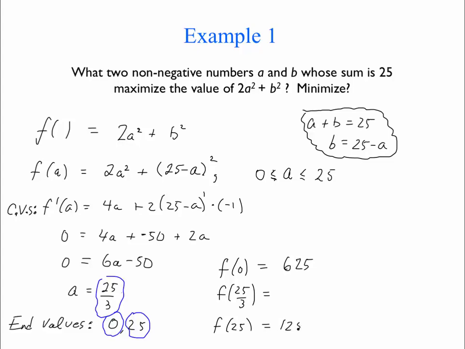Anybody have the one in the middle? Nice and loud? 294.14. Anybody else get that? Someone else do it, please. Make sure. You get 347.